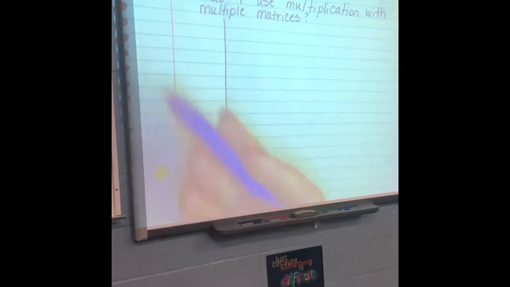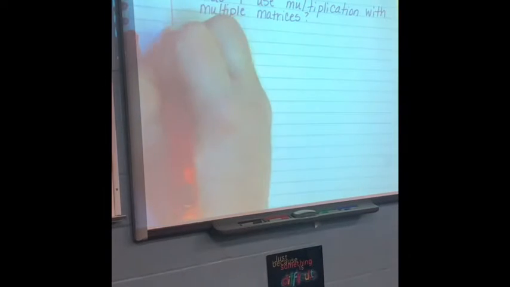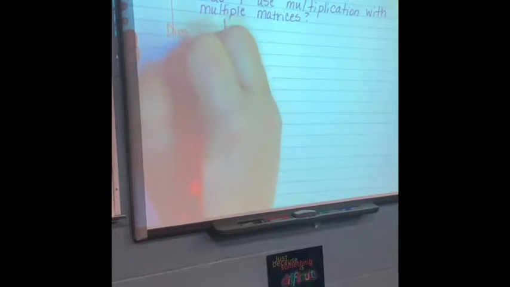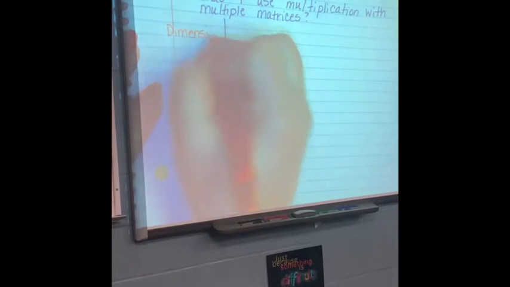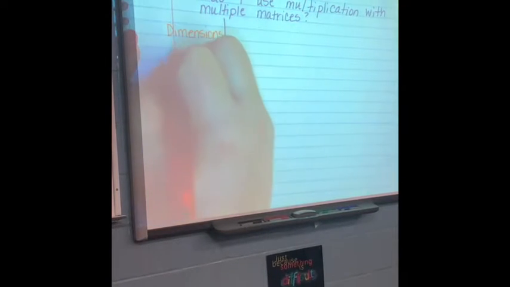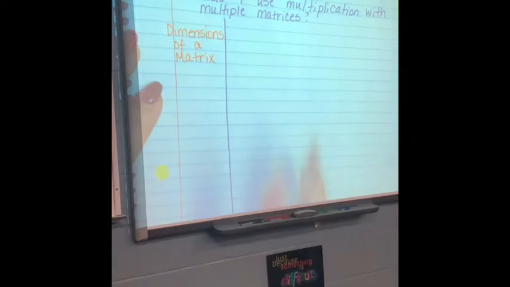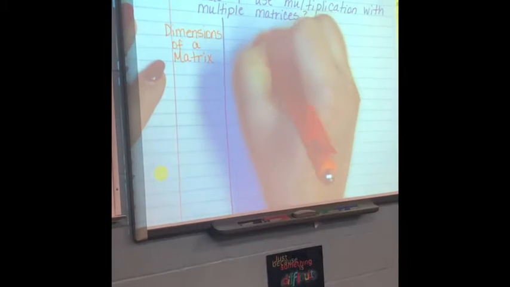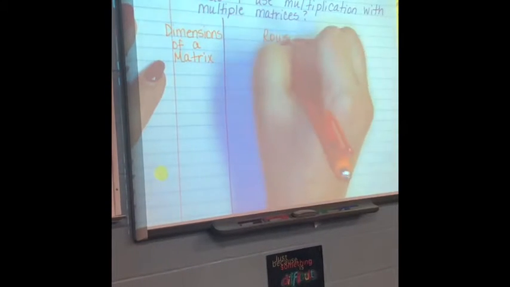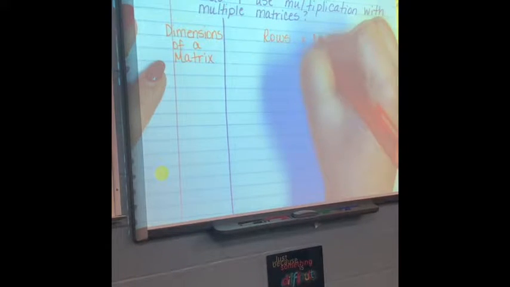All right, so first thing we're going to talk about is the dimensions of a matrix. We describe the dimensions by its rows by columns.